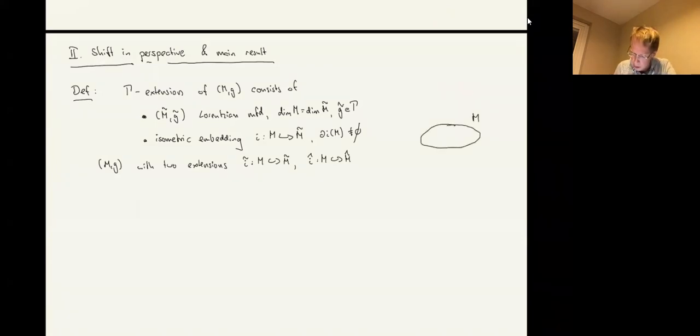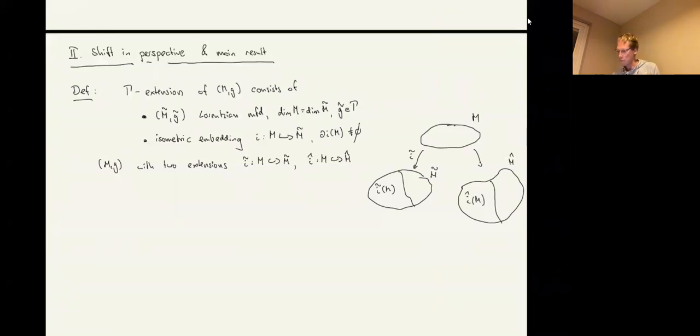Here you have M, and here you have the first extension M tilde, and this here would be the image of M in M tilde, and here we have another one, M hat, and this is the image of M in M hat.